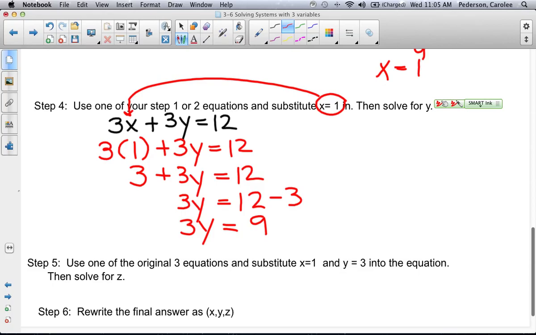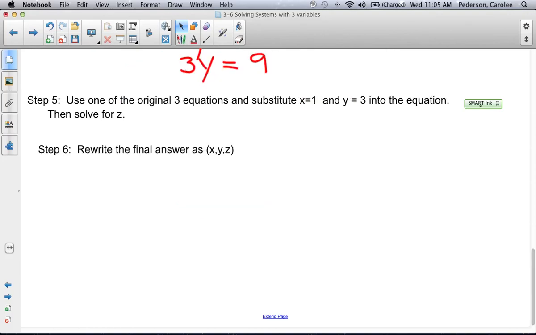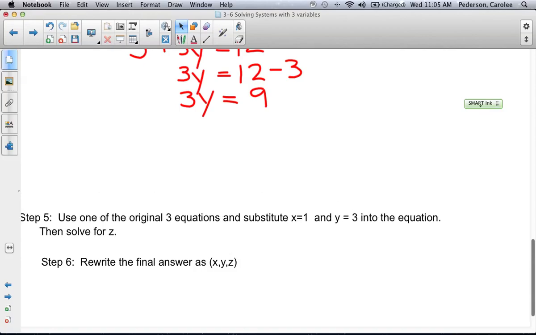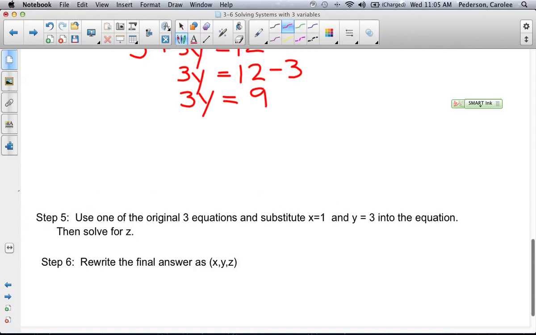Last, we divide both sides by 3, so y equals 9 divided by 3, which is 3. We now have 2 out of our 3 variables identified. Step 5 is to use one of the original 3 equations, either the red, green, or blue one, substitute x equals 1 and y equals 3, and solve for the last variable, z.